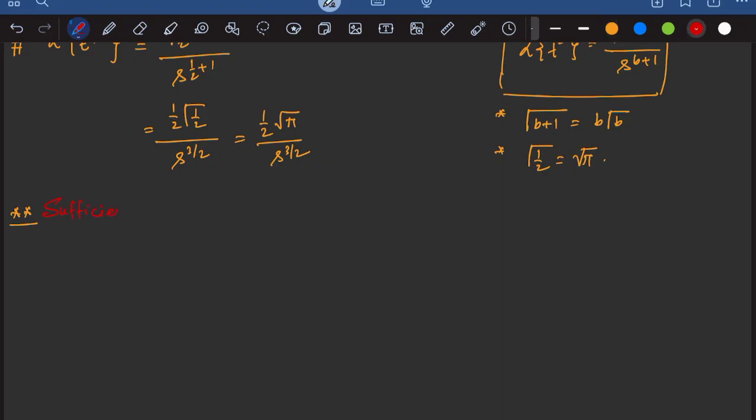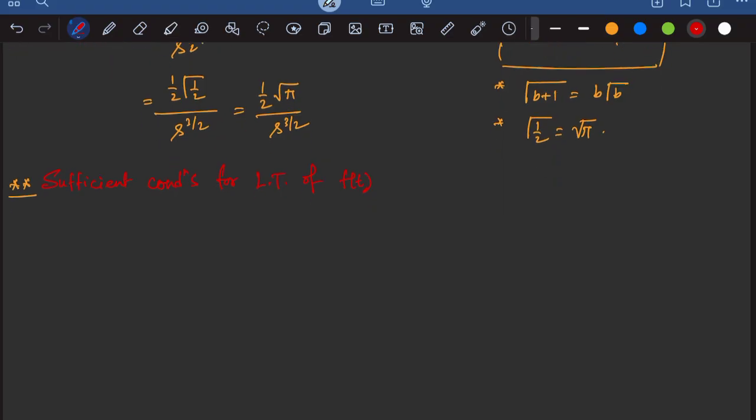Sufficient conditions for Laplace transformation of the function f(t). What are the sufficient conditions?